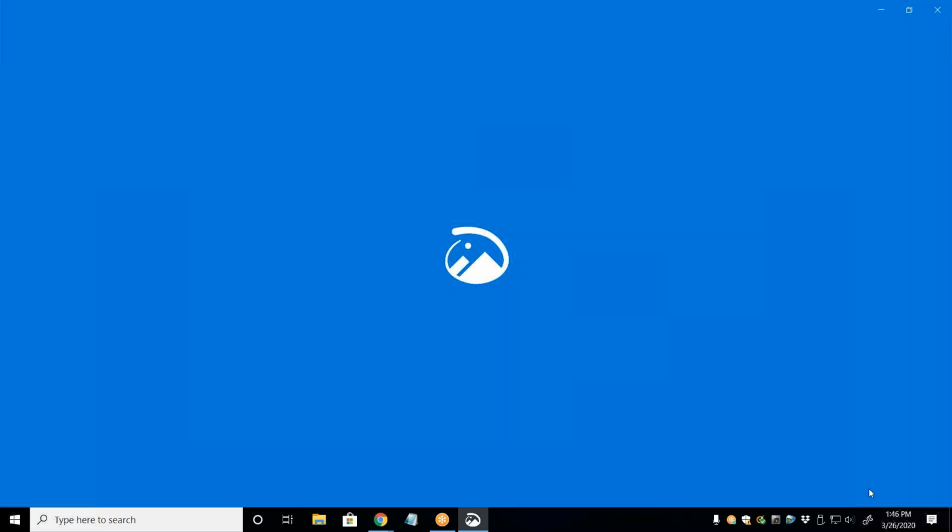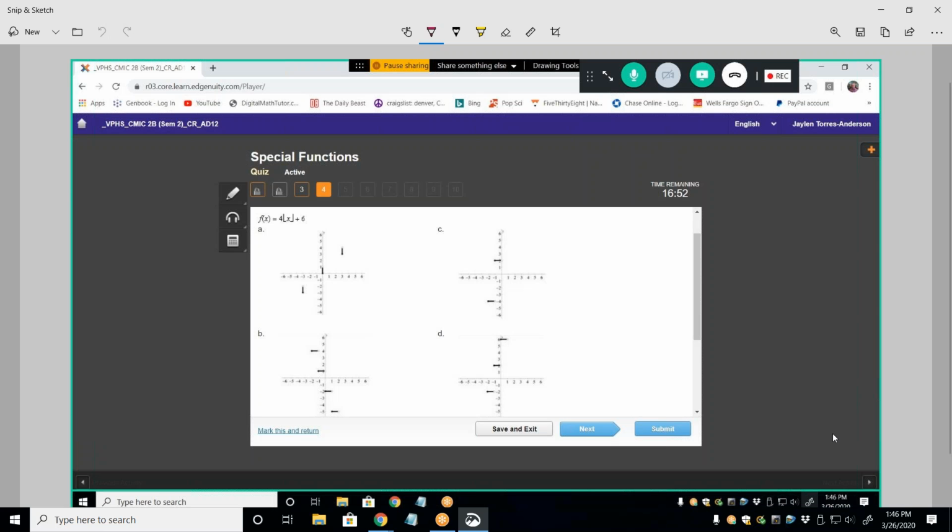Which ones can we cross off immediately? What is it definitely not? Yeah, A is not a function. In order for something to be a function, it has to pass the vertical line test. And if I draw a vertical line right through that, I get multiple points. So definitely not that.